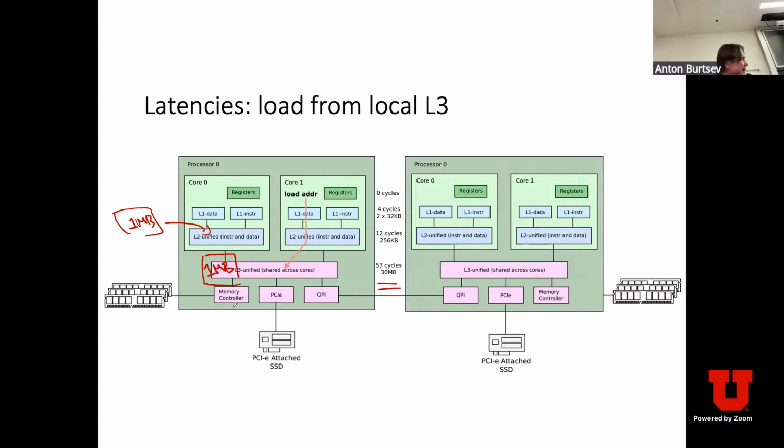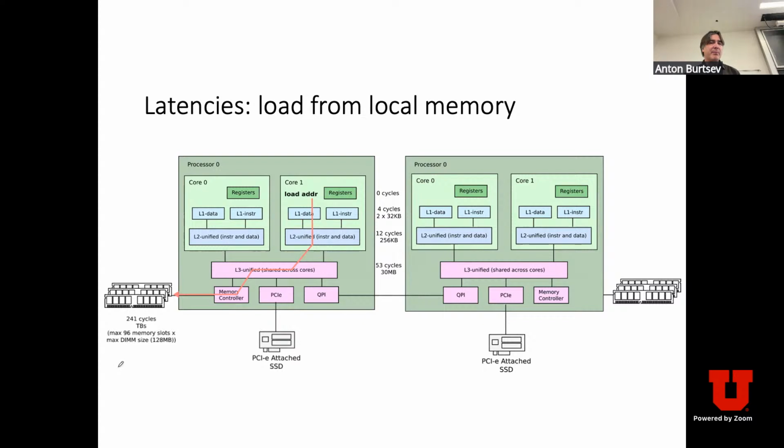Like 250 is a good number, but roughly from 200 to 300. So if you really have to traverse this entire path and fetch something from memory, you are spending roughly 241 cycles on this machine.